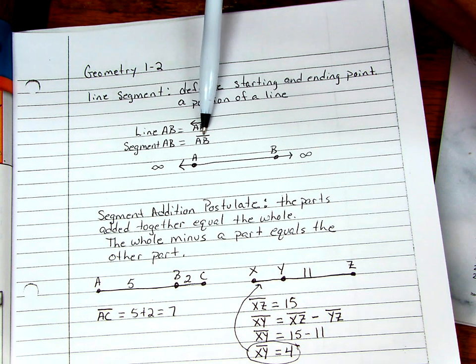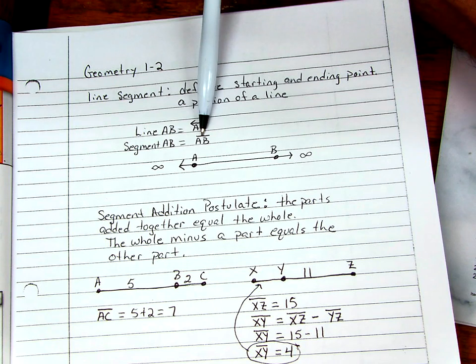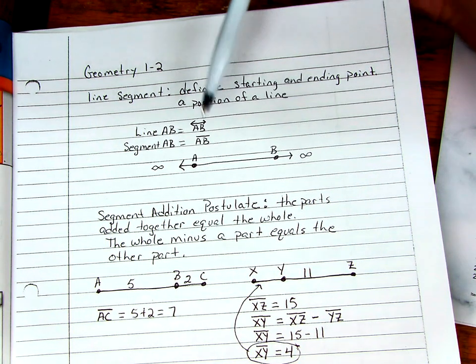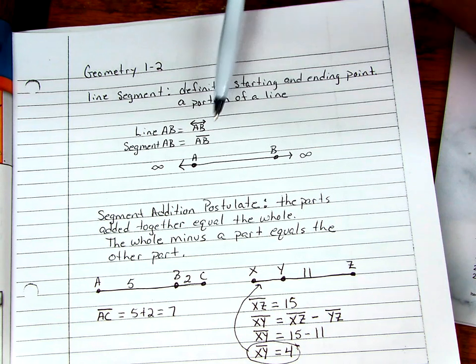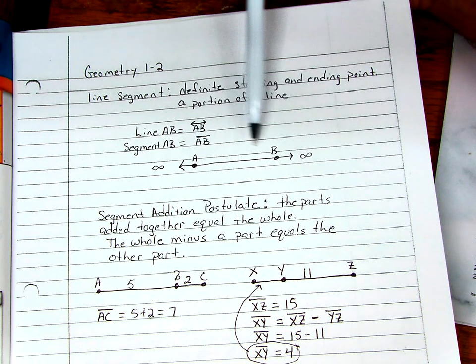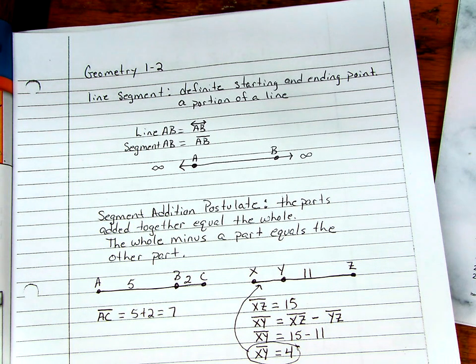And symbolically, just a bar with no arrows and the 2 capital letters. You would read this as segment AB. This is read as line AB. This describes just a portion of this line, the distance from point A to point B, everything included between those 2 points, and the points.